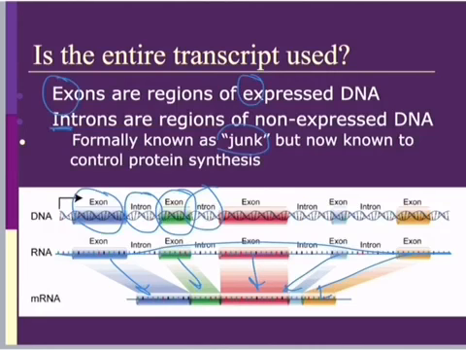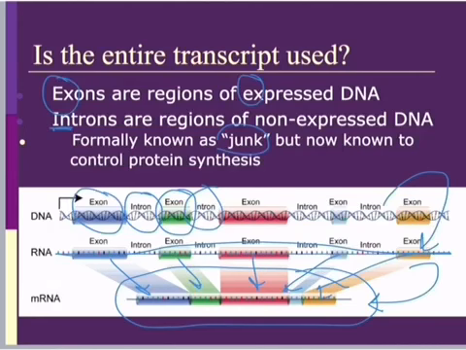So again, this connection between transcription and translation. We transcribe the DNA into RNA, and then once the RNA has been modified to only contain exons, this final piece of RNA will go out of the nucleus to the ribosomes, and that's where translation will occur.